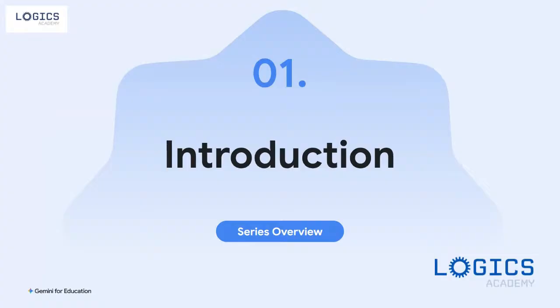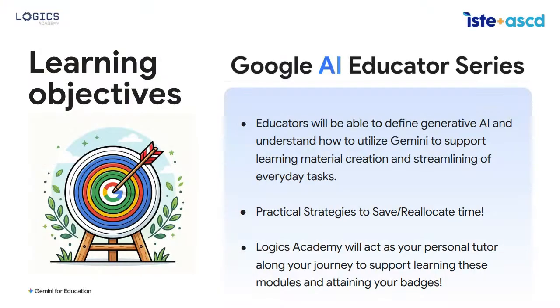So for this introduction to the series, we're going to go over some series overview and learning goals. Your learning objectives for this AI Educator series are to really be able to grasp and define what generative AI is, and to utilize Google Gemini to support you in your learning material, your lesson creation, and your streamlining of your everyday tasks.